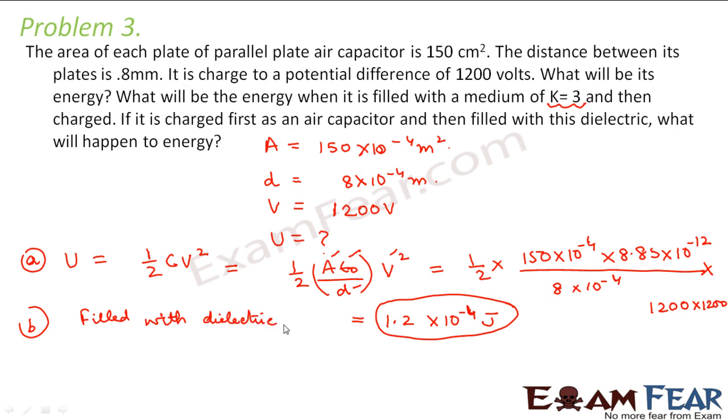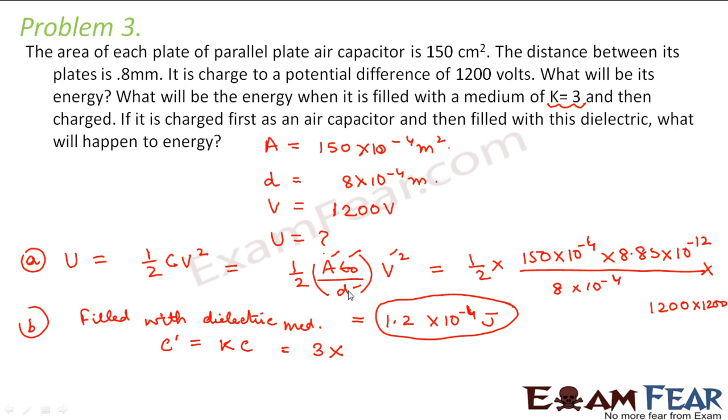If the medium is dielectric, the capacitance increases and becomes dielectric constant times the initial capacitance. So C dash equals K times the original capacitance. If a dielectric slab is inserted, you already know what happens. Here K is equal to 3, and the initial capacitance was A epsilon naught by D.